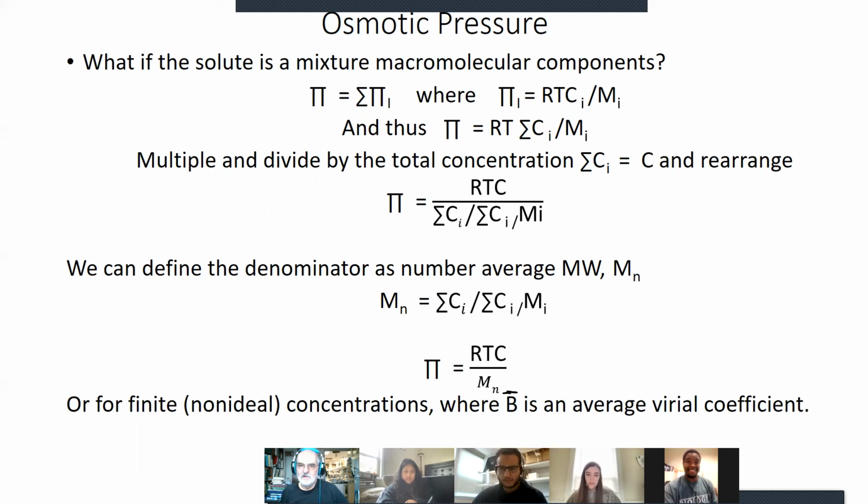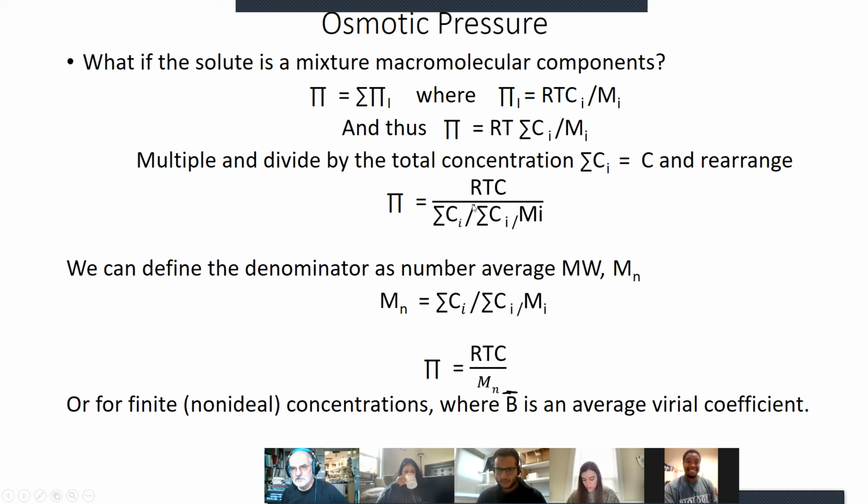And then what he does here, what anybody who covers this does, is they multiply and divide by the total concentration, where the total concentration is equal to C, but you can also write it as the sum over C sub i's. And so they sum to the total concentration. Okay, and so in doing this, they take this sum over C sub i over M sub i, and put it into the denominator, but they put it underneath a quotient.